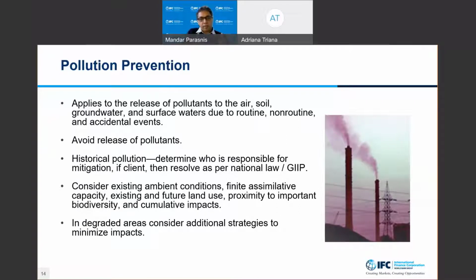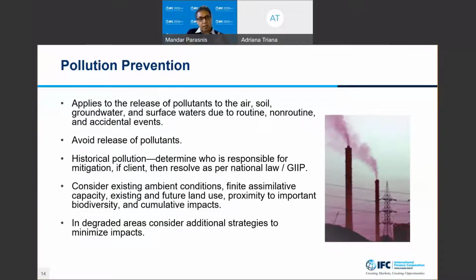So PS3 requires, as a part of ESIA or as a part of due diligence before you acquire this asset, to conduct an assessment to determine who is responsible for this legacy pollution, cleanup, mitigation of these impacts. If it is somebody else's responsibility, the previous owner's responsibility, it's also good commercial sense to make sure that they clean up and they own that responsibility, the liabilities, if any.